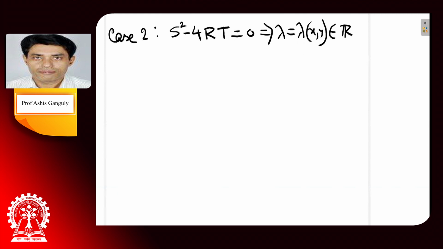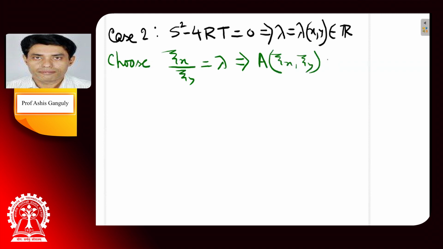So here what we will do, you will choose one transformation, xi_x by xi_y equal to lambda, which will give you, according to the previous logic, A vanishes.